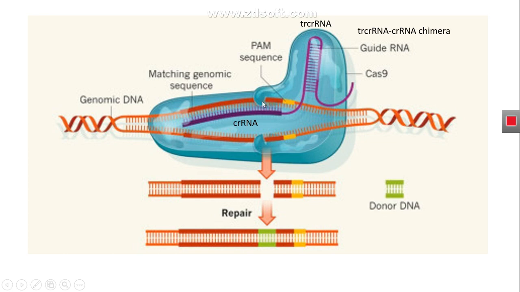Then the DNA cutting endonuclease activity of Cas9 would cut and remove the mutated gene, and then this donor DNA would be integrated into the mutated portion.